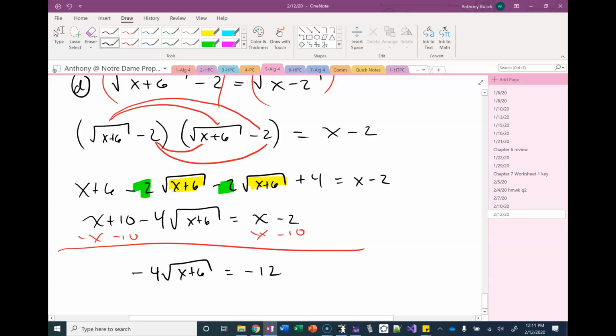Look at what's happened here. No, but look at what we lost. We have only one x left, right? We have just the x underneath the radical. The x outside the radical kind of canceled out.